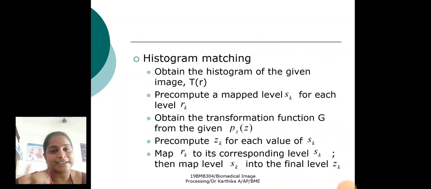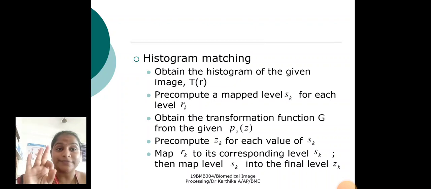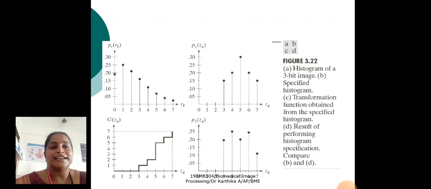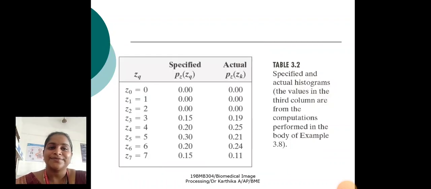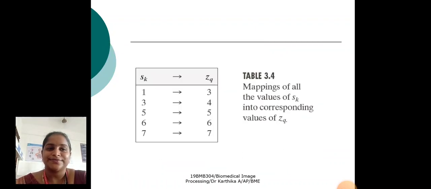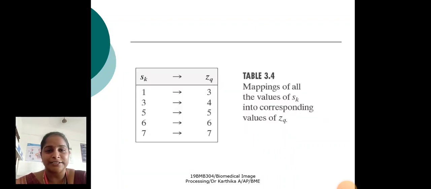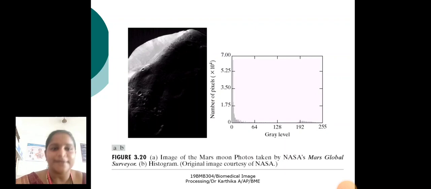Here we have taken T of r, r_k, p_s of s, p_z of z, z_k and s_k as the elements, which shows the histogram of a 3-bit image. The mappings of all the values of s_k to its corresponding values of z_k are shown here.